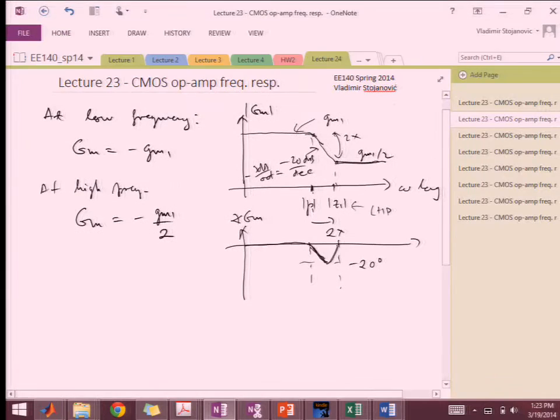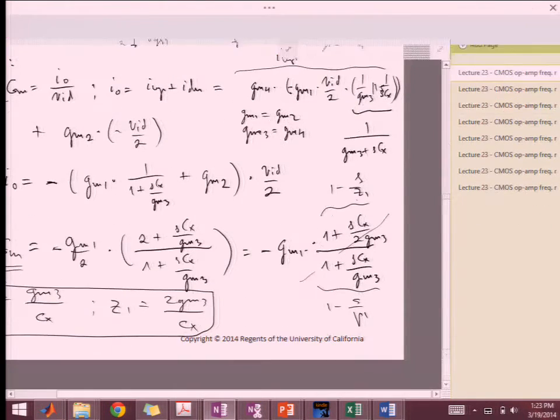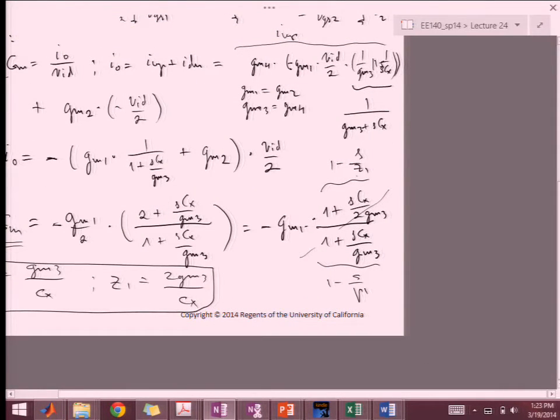So if you go back here, at high frequency, s is very big, right? Or j omega is really big, right? So this component starts being a lot bigger than 1 in magnitude, right? If we were to take the magnitude of this, it will be 1 squared plus omega Cx over 2 GM3 squared, right?